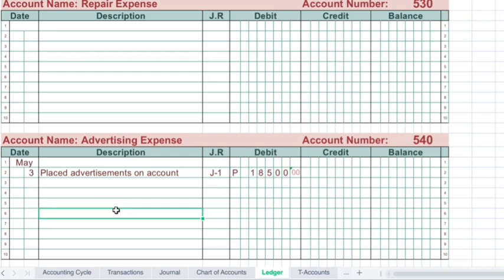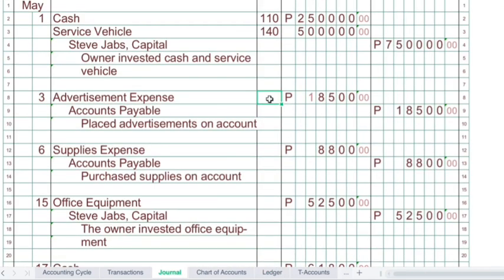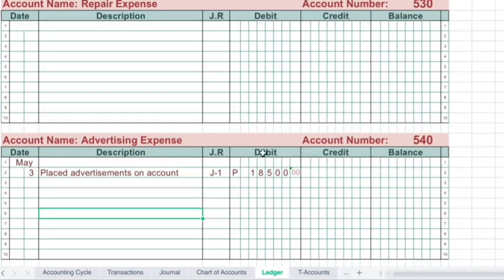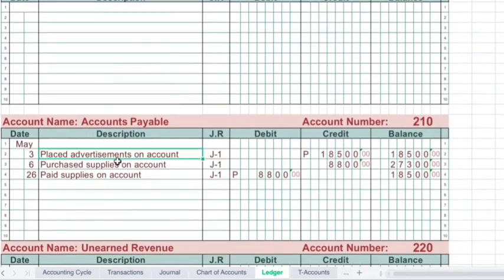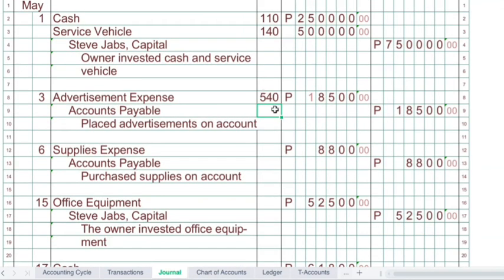Okay. So, after posting that, babalikan natin si journal para ilagay ang ating posting reference. Okay. So, ganun lang siya. So, for accounts payable, we have already posted it. So, that is 210. So, yun yung lalagay natin for posting reference. Okay, so don't forget that. So, once you have posted the entry, then balik ka kaagad sa journal and write the posting reference.